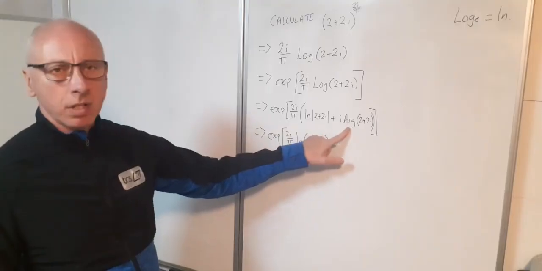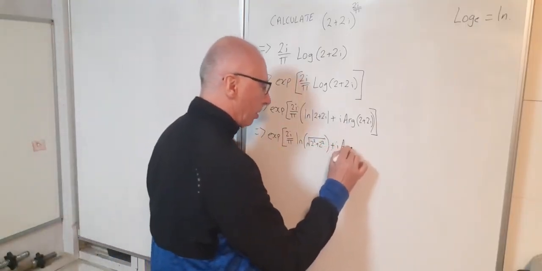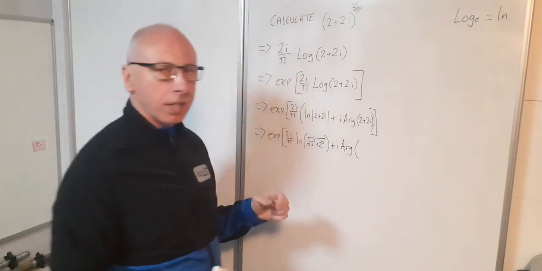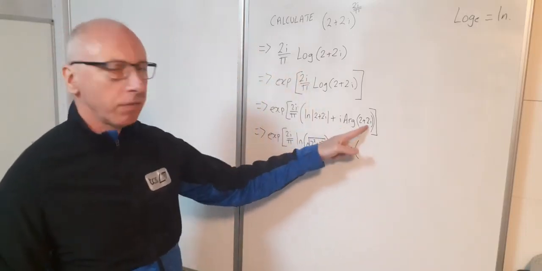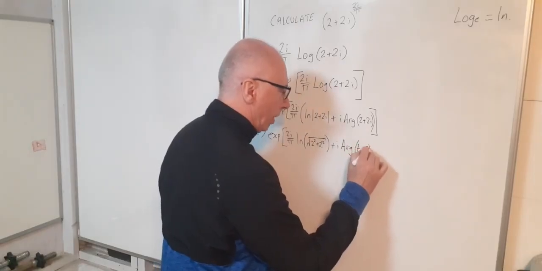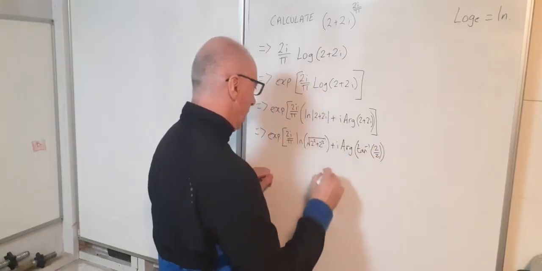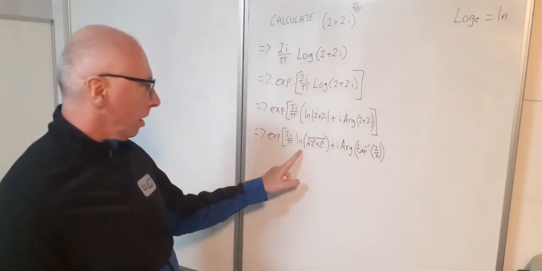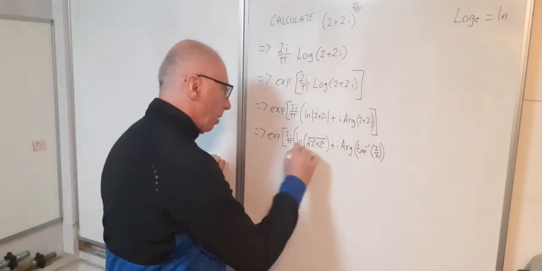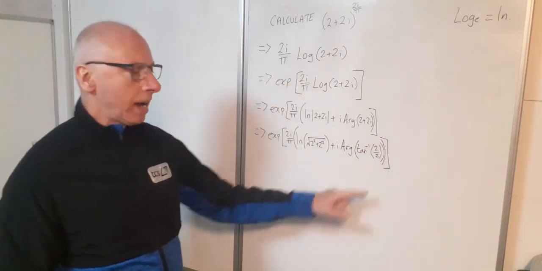And now let's deal with this argument. So plus i, principal argument, and then what that would be is the inverse tangent of the imaginary part divided by the real part. So it looks pretty trivial, but I'm going to write it in there anyway. So that's 2 over 2. So now lots of brackets to consider here. So that's multiplied by all in a bracket as well. That's it. So that takes care of that.